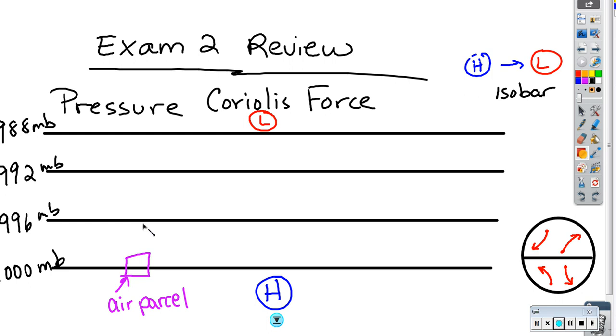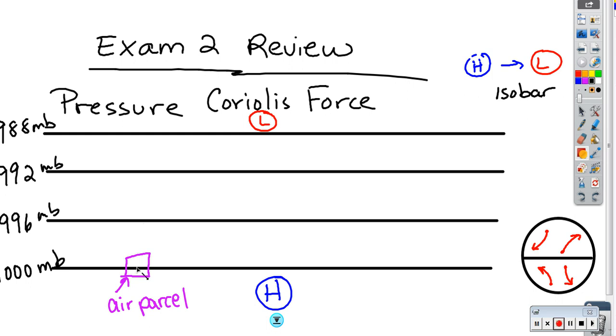You'd have to heat the air and make it less dense to get it to start to rise. Otherwise, it'll just settle at the surface because of gravity. But this is horizontal. Pressure gradient forces are usually something we consider horizontally. So we're looking at a top-down view of this, a horizontal change in pressure.